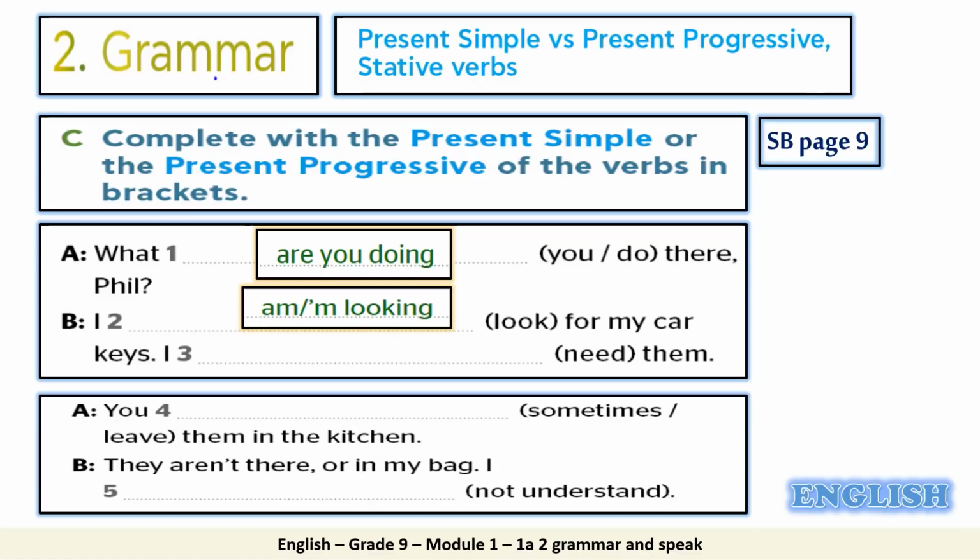I'm looking for my car keys. We used present progressive because he's looking for his car keys now. I need them. We used present simple because need is a stative verb. It cannot be in present progressive.